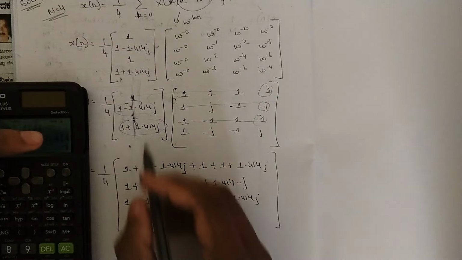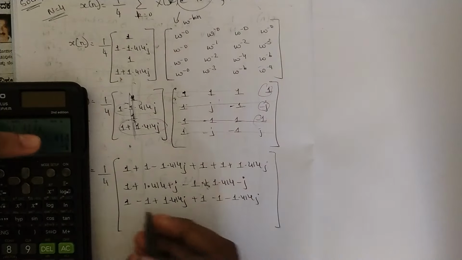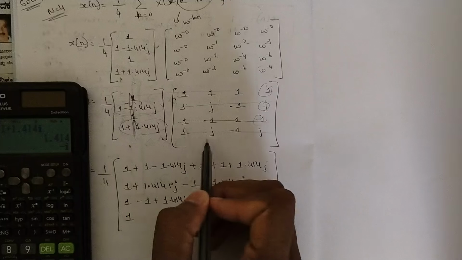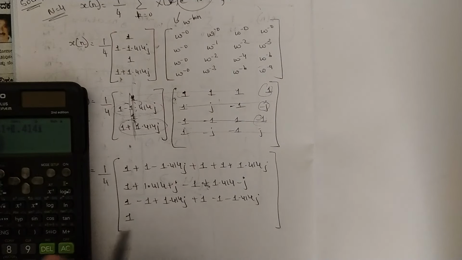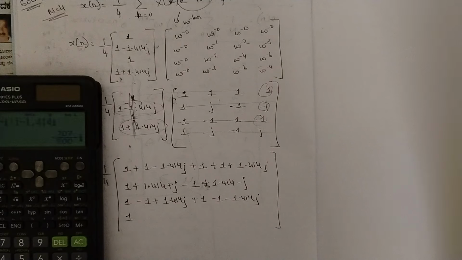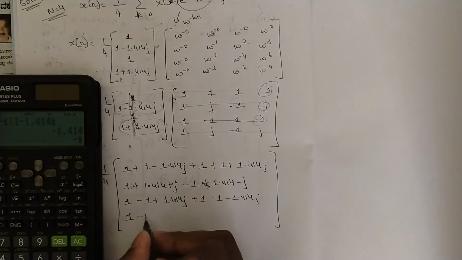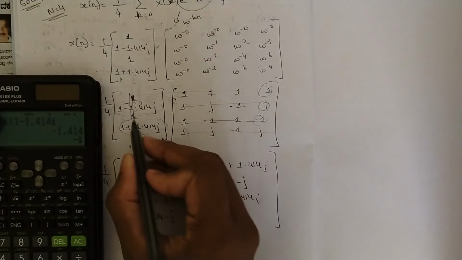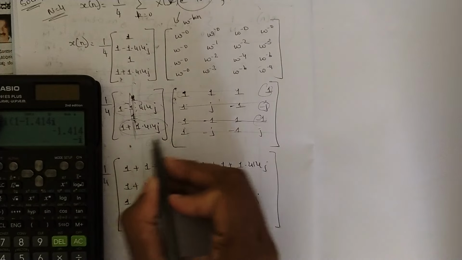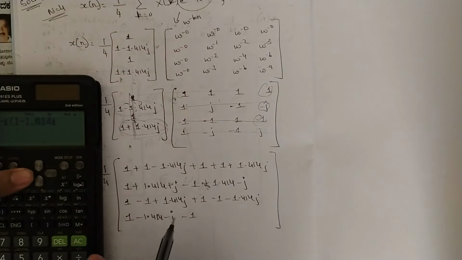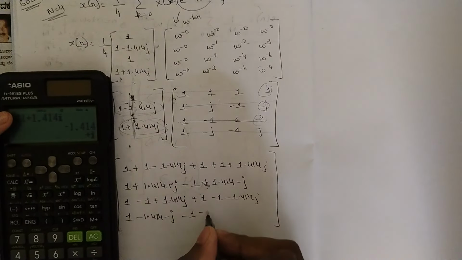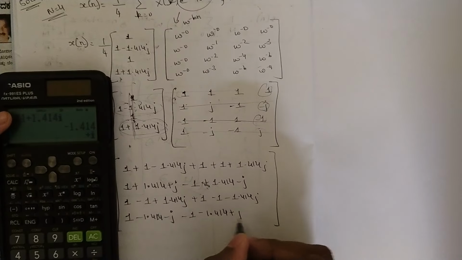Okay, similarly for this and this, that is 1s are 1, 1 minus 1.414j into minus j, that is here we should be changing it to minus 1.414 minus j, then 1 into minus 1, this term into this term, that is, this is plus, and here we have plus sign, minus 1.414 plus j. Okay, so now we should be doing some of the simplifications here.